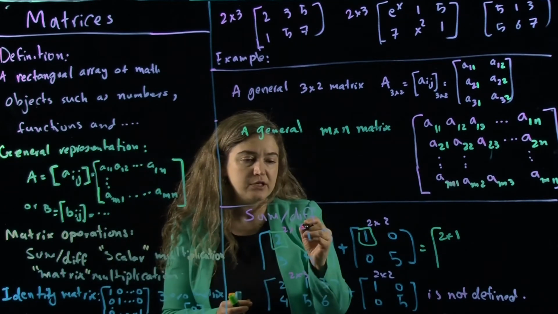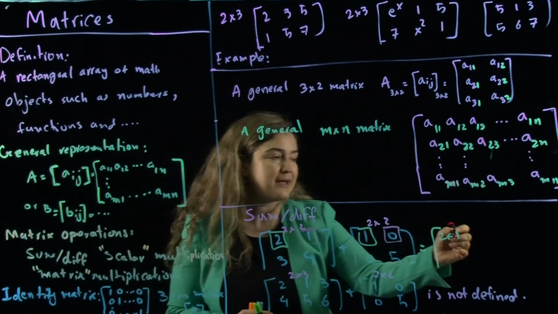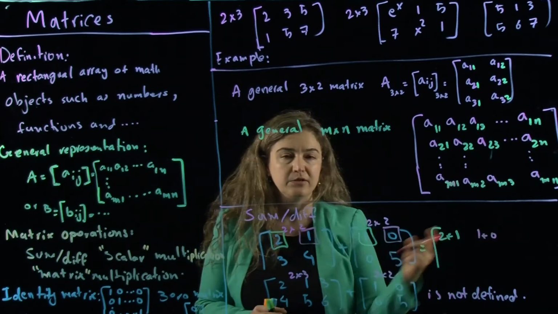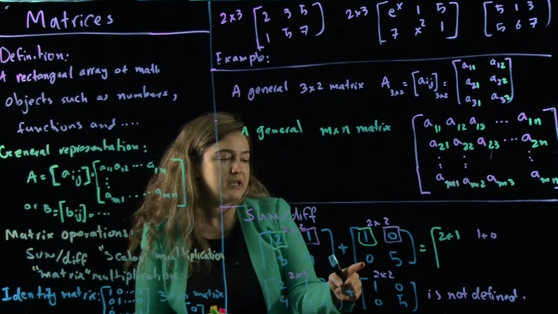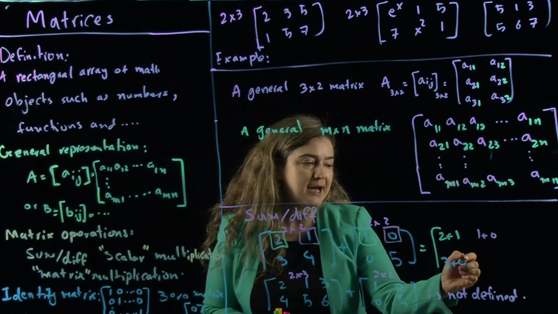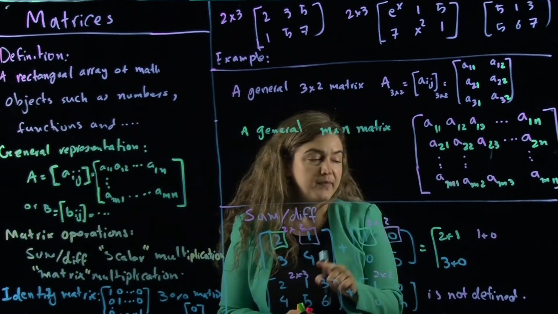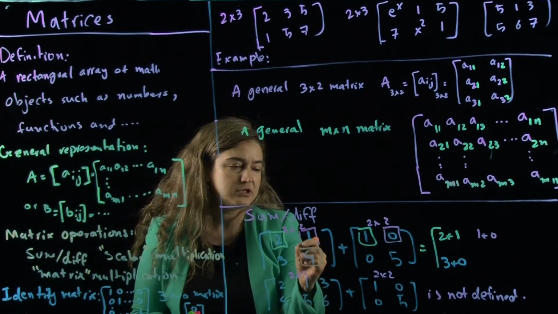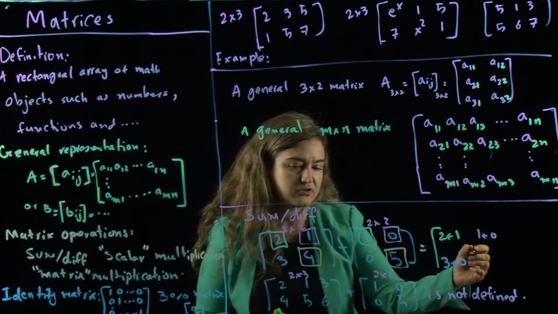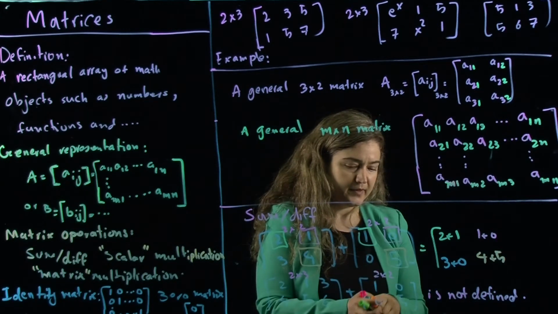This is entry 1, 2, entry 1, 2. They add up together and they go into entry 1, 2. This is entry 2, 1, entry 2, 1. They add up together and they go to entry 2, 1. And then the last one, entry 2, 2, adds up to entry 2, 2, and it goes in here.